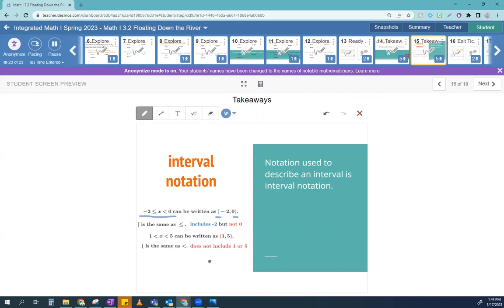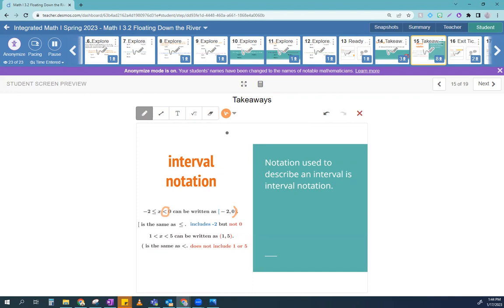What do you see? This parenthesis here is because of this less than symbol here.